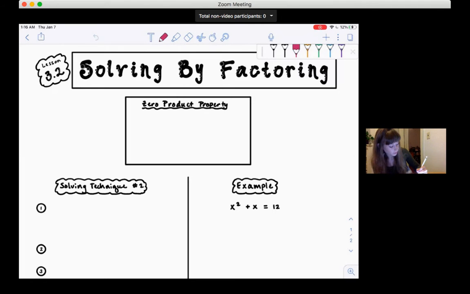The zero product property says that if two things/numbers multiply to zero, then one of them must be zero.